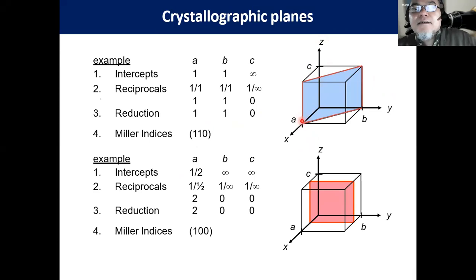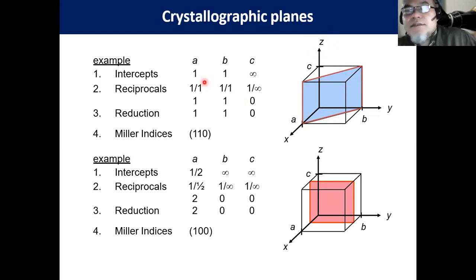It intersects the x-axis on this side at 1, which means one single a, one single unit of the crystal lattice a. At y, it intercepts at b. At z, it does not intercept at all. So this plane is basically parallel to the z-axis.